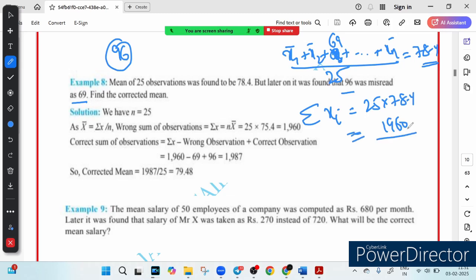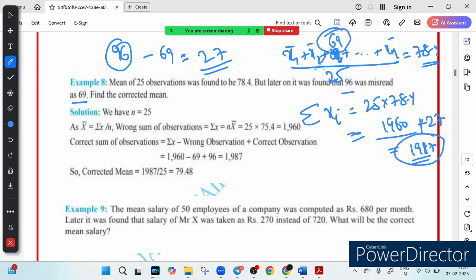And what is the difference between 96 and 69? Let's calculate it. 96 minus 69 gives 27. So you add this 27 to the sum, and this will give you 1987. So this is the correct sum, because earlier you put 69 but you should have put 96, right?